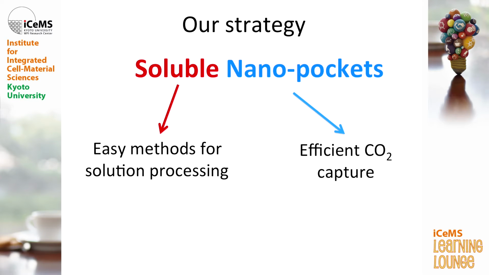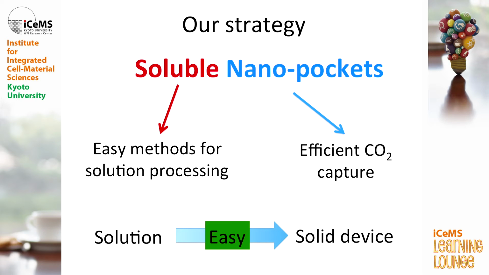Why soluble? Because there are many more methods available, and easy methods, that allow you to go from solution to a solid. In other words, there are many more methods available for solution processing, starting from solution and either transforming or integrating by different techniques. And here I show you some of the techniques that you can use.